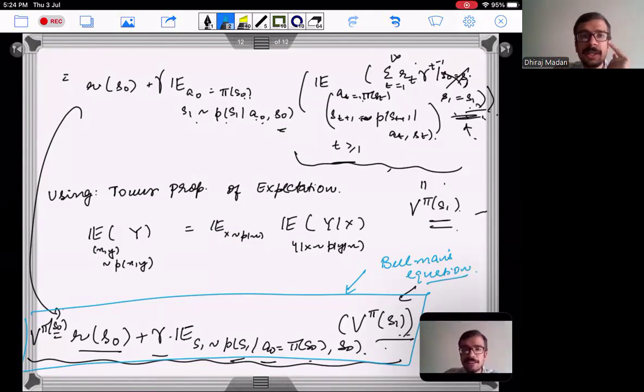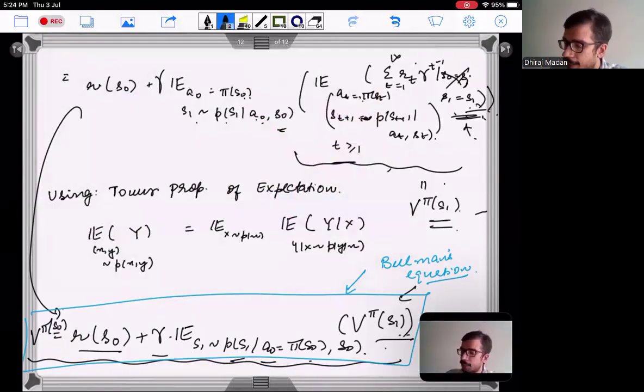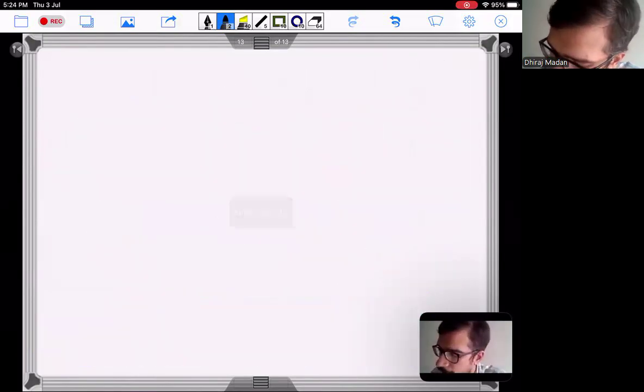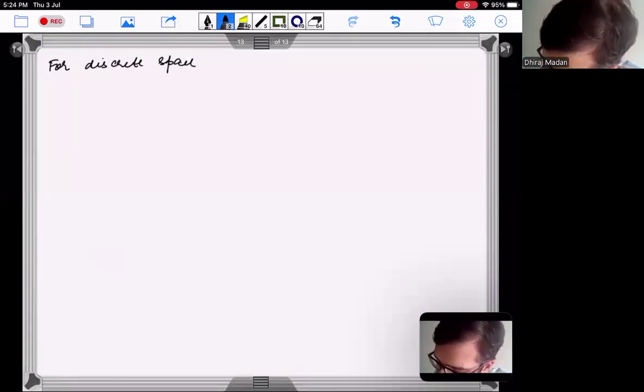And corresponding to this Bellman equation, we can write down this expectation, for discrete space, as follows.